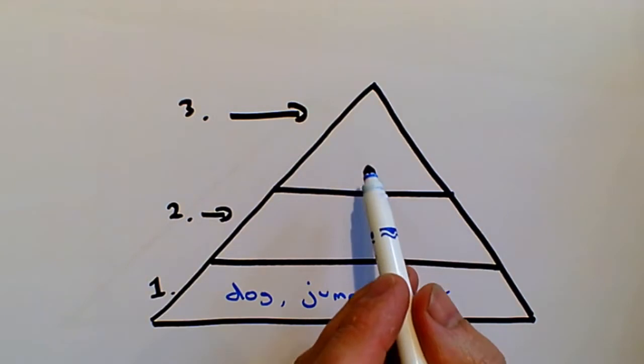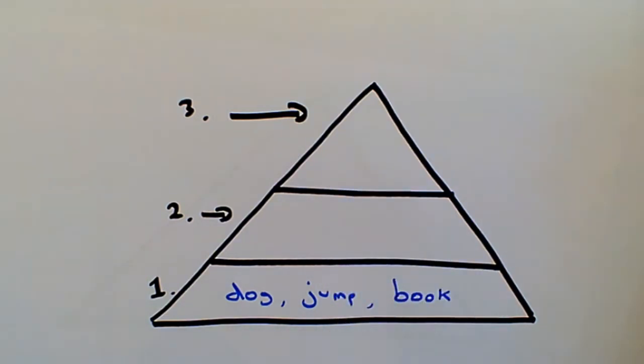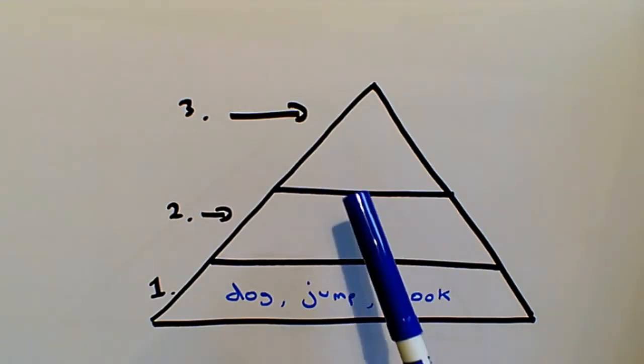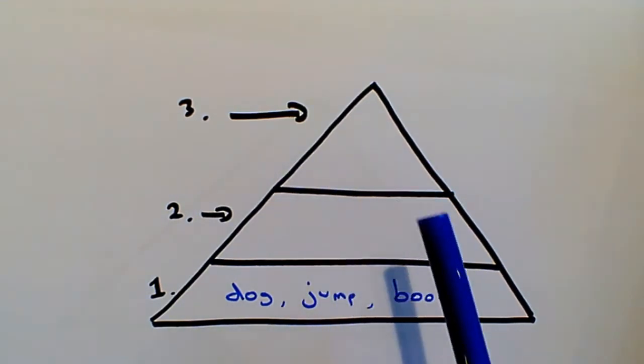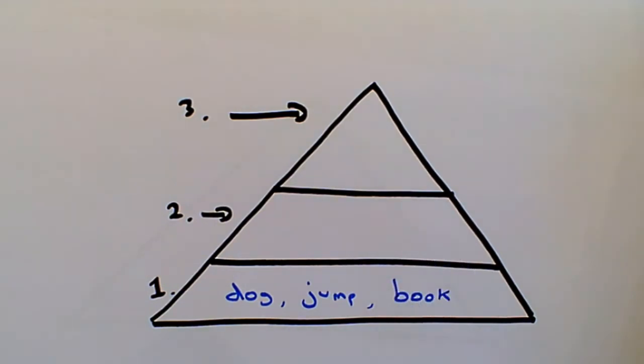Jumping up to the top tier, tier 3, words in this tier tend to be quite uncommon words. In school, they're often specific to a particular subject. In work, they might be those technical words that you might need to know as part of your job, but most people can get by perfectly happily without knowing.